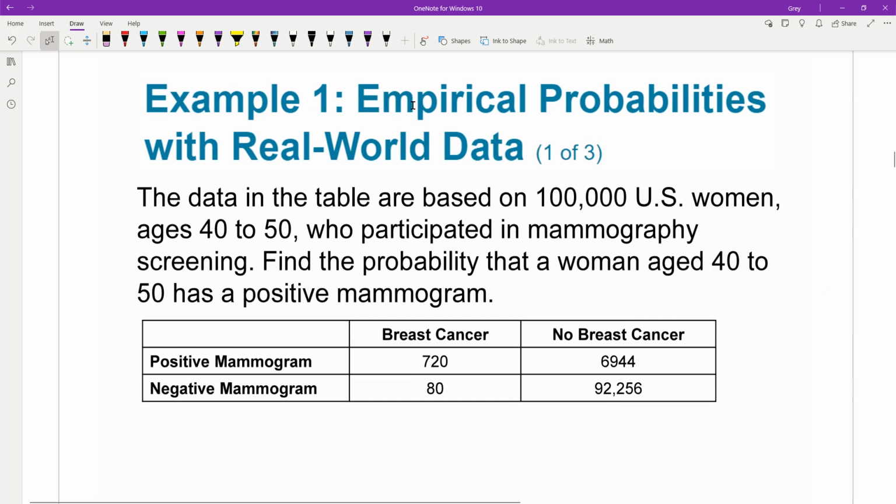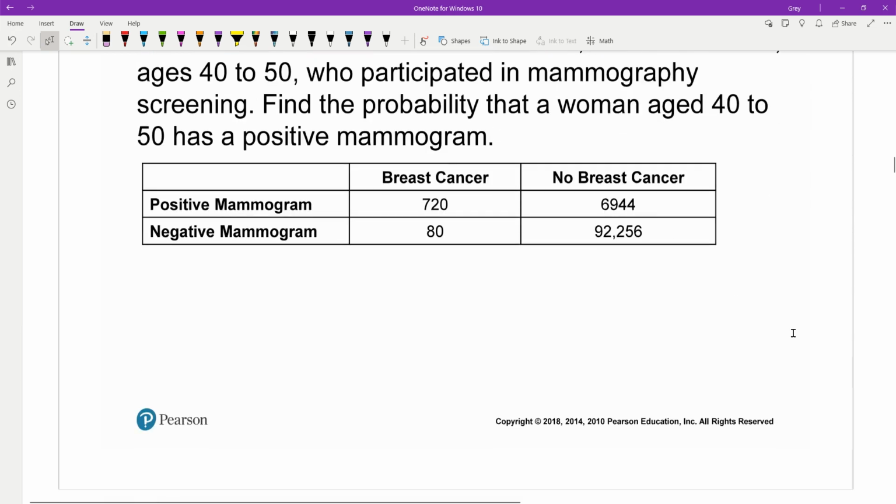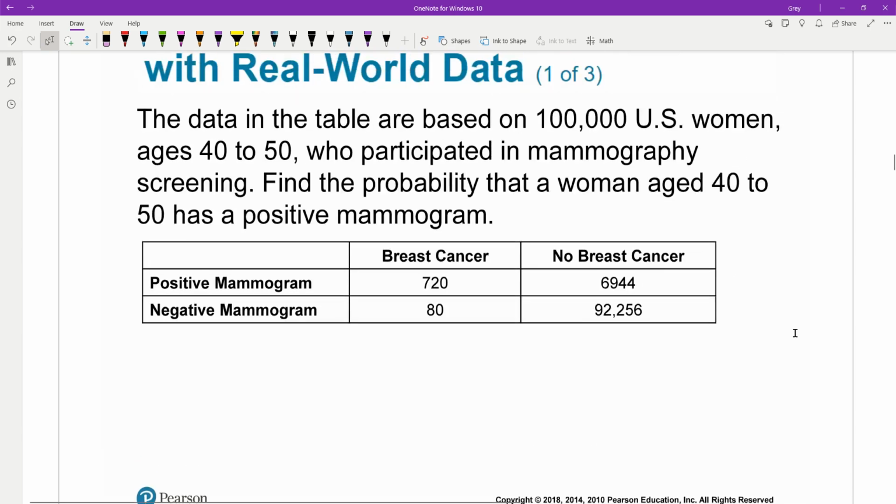So we have example 1, empirical probabilities. The data in the table are based on 100,000 U.S. women ages 40 to 50 who participated in mammography screening. Find the probability that a woman aged 40 to 50 has a positive mammogram. Okay, so if I want to know the probability of a positive mammogram, then I'm going to find out how many women had a positive mammogram.